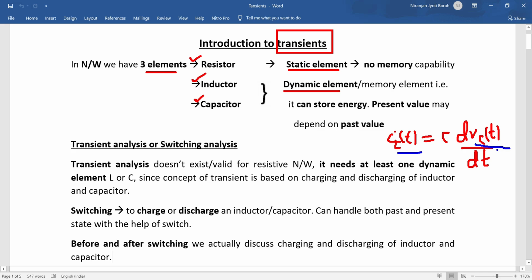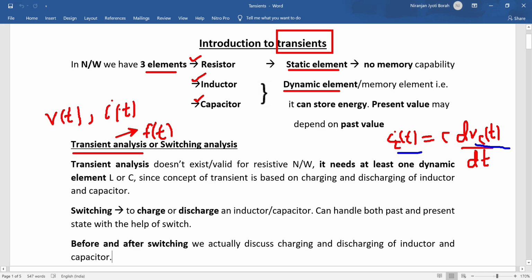So they are dynamic. Transient analysis, also called time domain analysis, computes the circuit's response as a function of time. By circuit's response, I mean variation of voltage and current levels with respect to time.